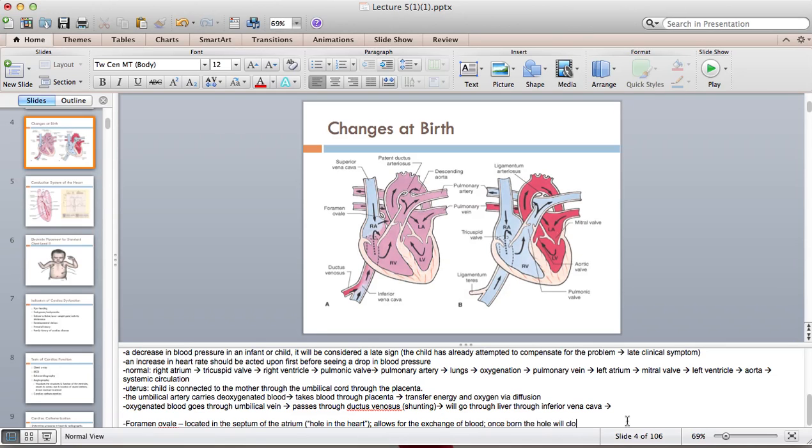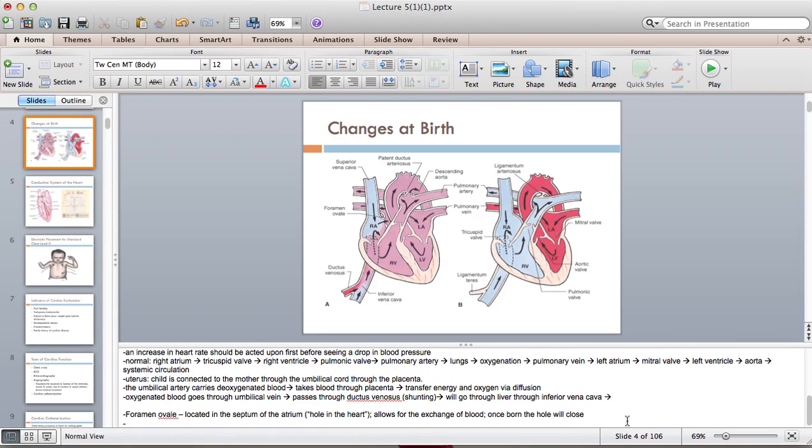The other one you will notice will be the ductus arteriosus. This one here, which is that shunt between the aorta and the pulmonary vessel, right here.